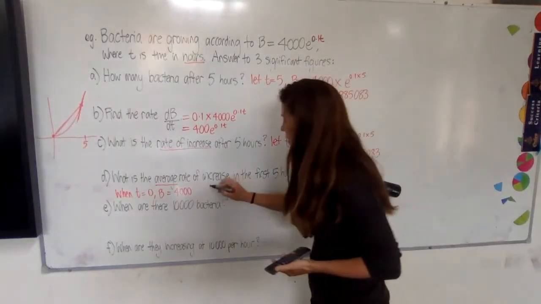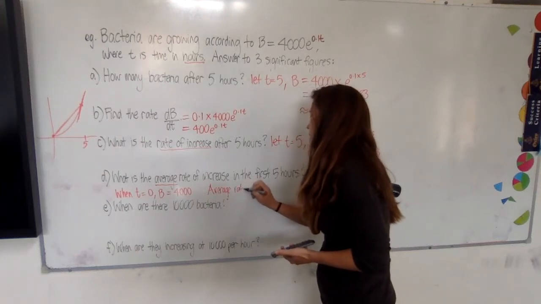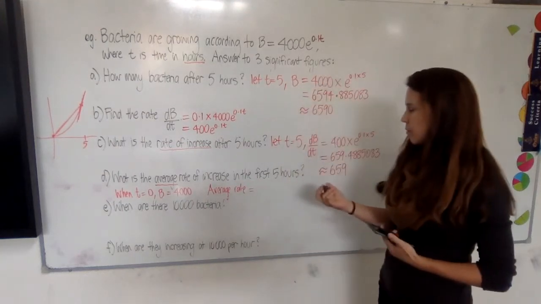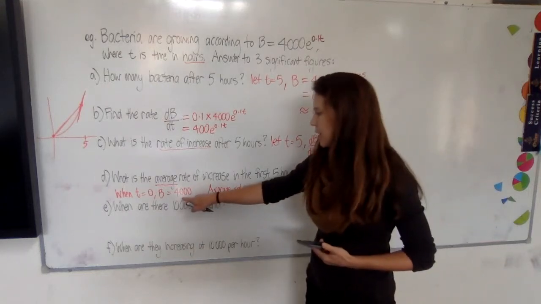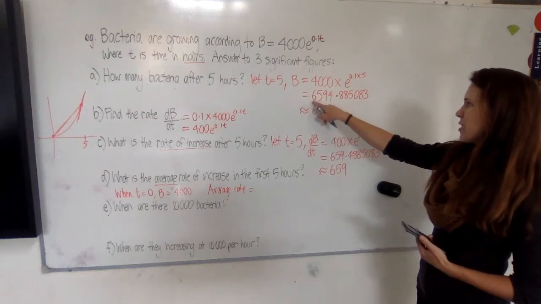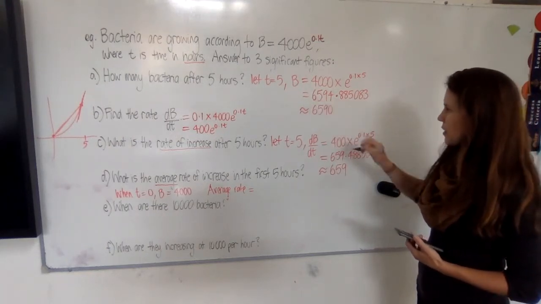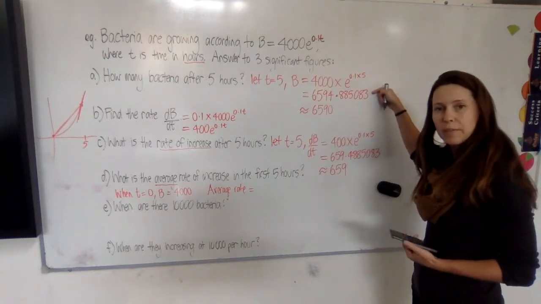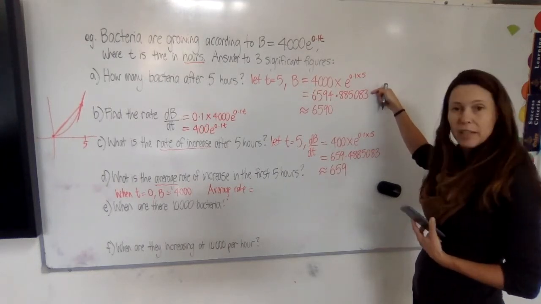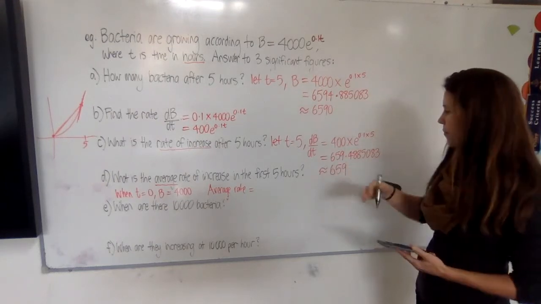So I would write this as the average rate of increase. And think about what you know. Well, we know it's gone from 4,000 bacteria up to 6,590. In fact, it's closer to 6,595, isn't it? But we can use either of these figures. It would be better to use the top one because it's actually going to be completely accurate, and we don't want to round things off twice.